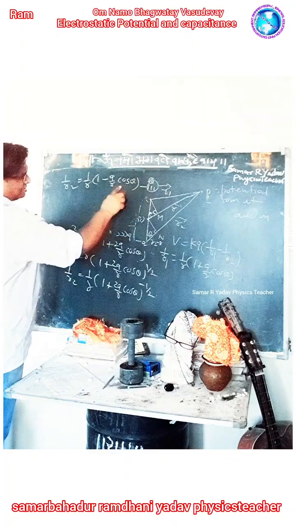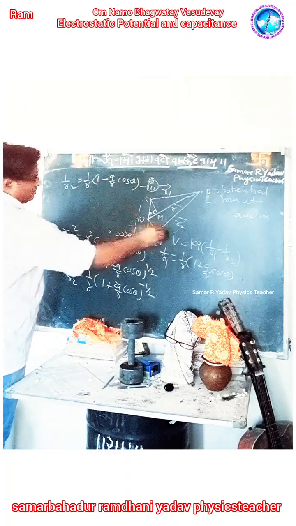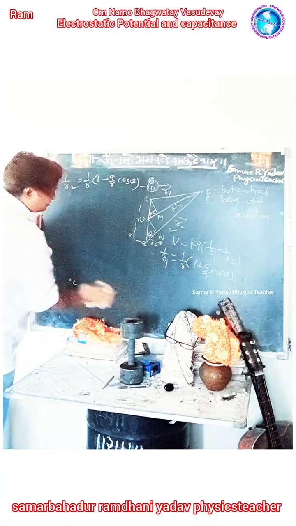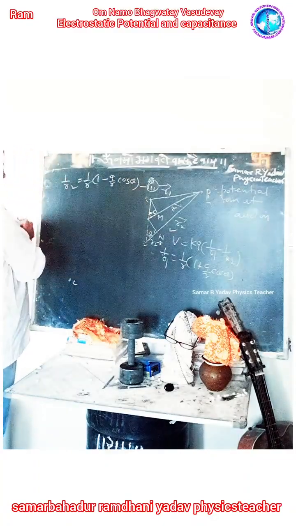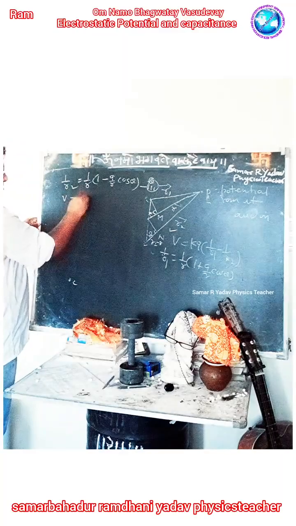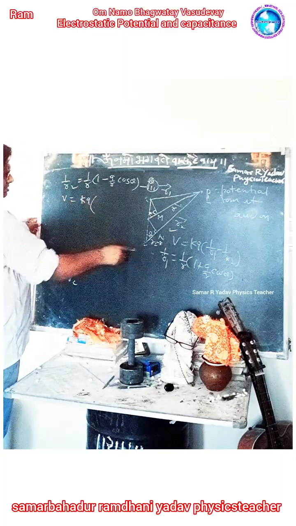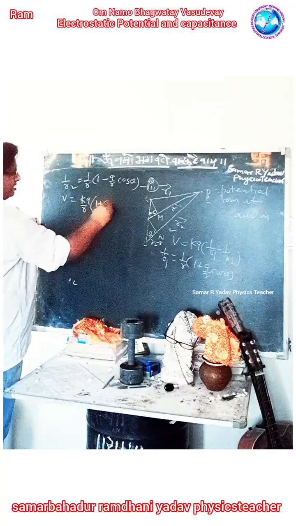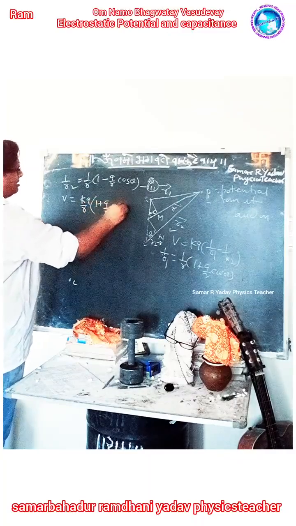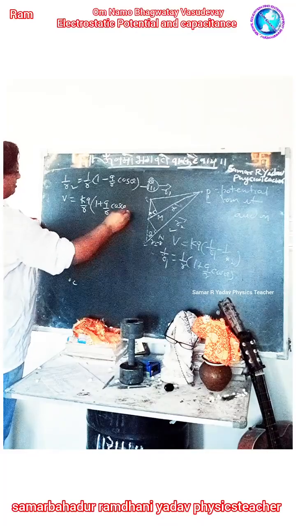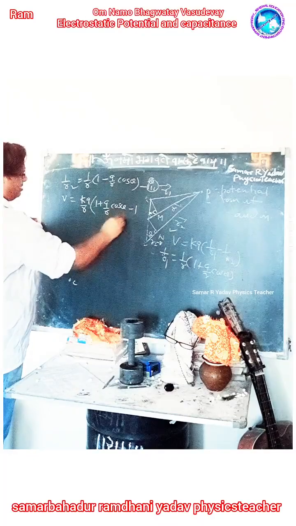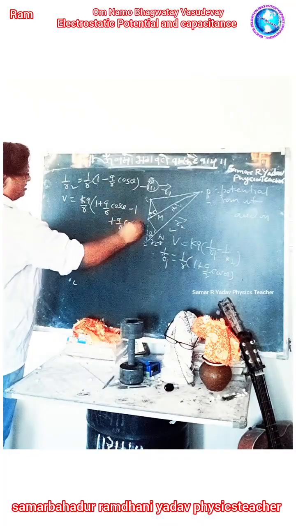Now putting equations 2 and 3 in equation number 1, we get V is equal to KQ. Now we can take 1 upon R common, so (1 plus A upon R cos theta) minus (1 minus A upon R cos theta).